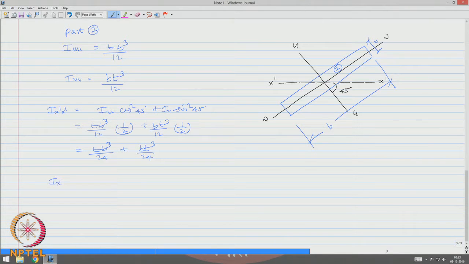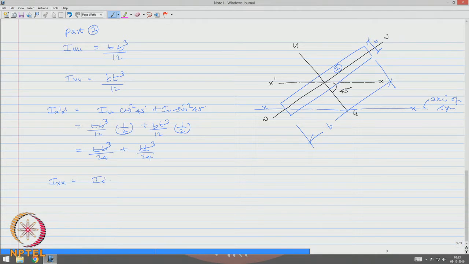So, I want to find I x x, where say this x x axis passes through this point. This may be the axis of symmetry, which I call the x x axis in this case.